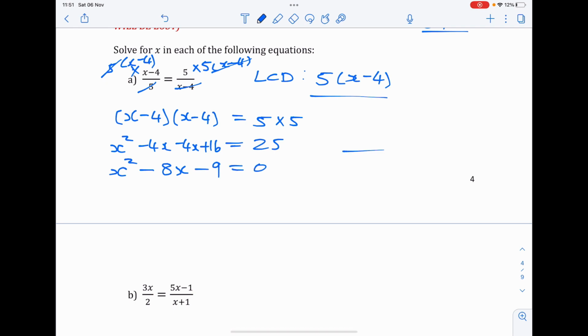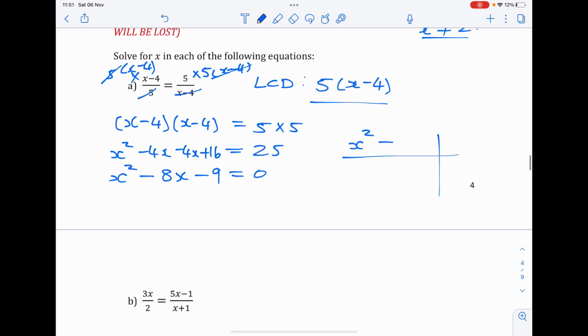Now we have to factor the trinomial. So x squared minus 8x minus 9. The factors of x squared are x and x. For 9, I can see that we need to get to an 8. If I use the factors 3 and 3, there's no way to get to 8 from 3 and 3, so it would have to be 9 and 1.